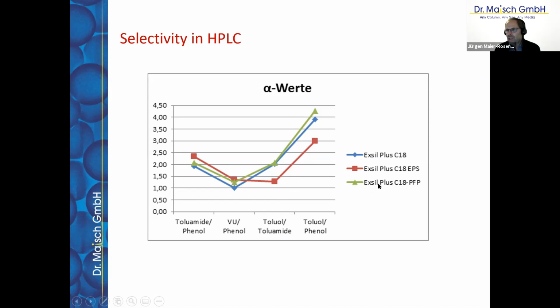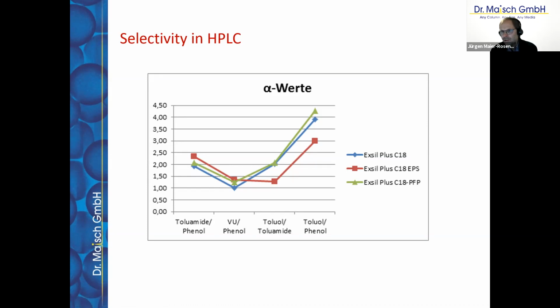Going now to the ReproSil plus C18 PFP phase, which offers polar selectivity and hydrophobic selectivity, we see that we already have a good selectivity in the polar range, but it also has a pretty good selectivity in the lipophilic range. So that's a pretty modern column with a very good overall selectivity.